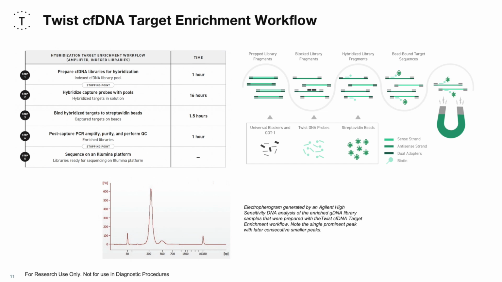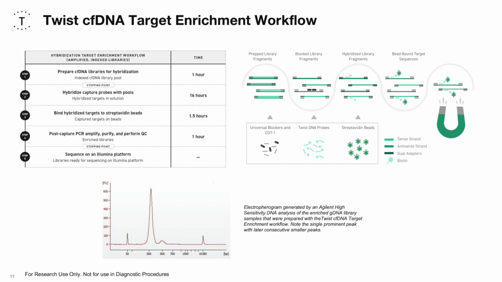When the libraries have been generated, the target enrichment workflow will take them through an overnight incubation step with your probe panel and different types of blockers so that the probes will bind specifically to your region of interest. The hybridized targets are then bound to streptavidin beads and go through a series of stringency washes, aiming to retain only the fragments of interest while getting rid of everything else.